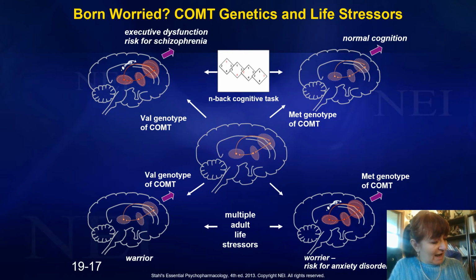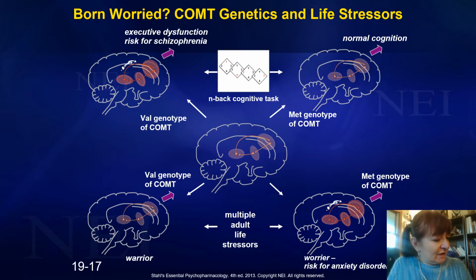And so someone who has the VAL variant of COMT will have lower levels of dopamine, and they are better able to handle it if they're under stress and the dopamine increases. And so we call them the warrior, which we see here on the left.